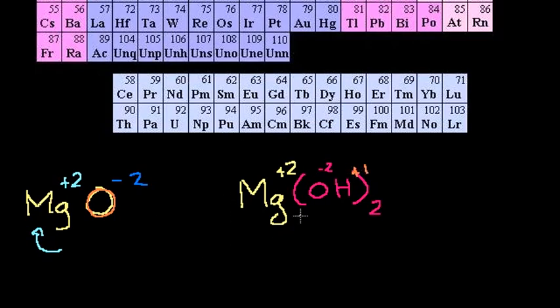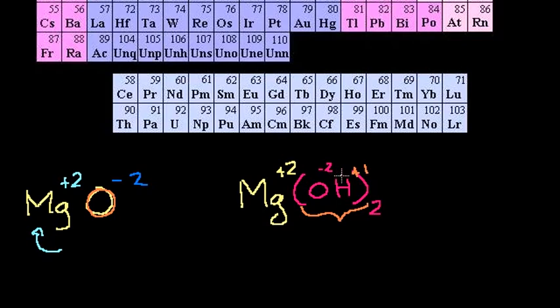So let's see. At first, you might say, hey, I'm adding up the oxidation states: +2 -2 is 0, +1. I get a +1 oxidation state here. That doesn't make sense, Sal. This is a neutral compound. And what you need to remember is, oh no, you have 2 of these hydroxides right here. So what you do is you figure out the sum of the oxidation states of the hydroxide.